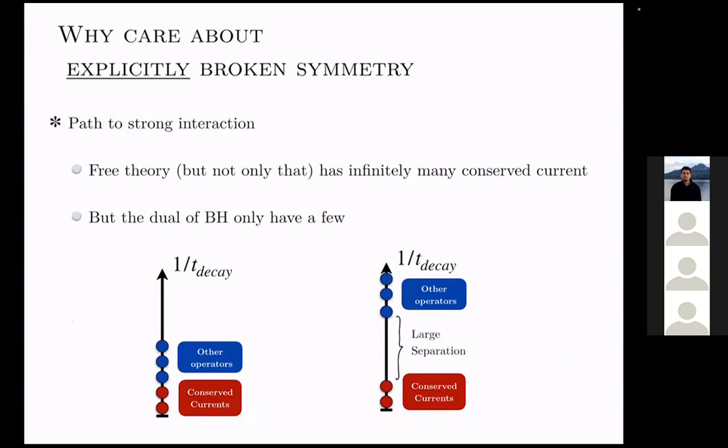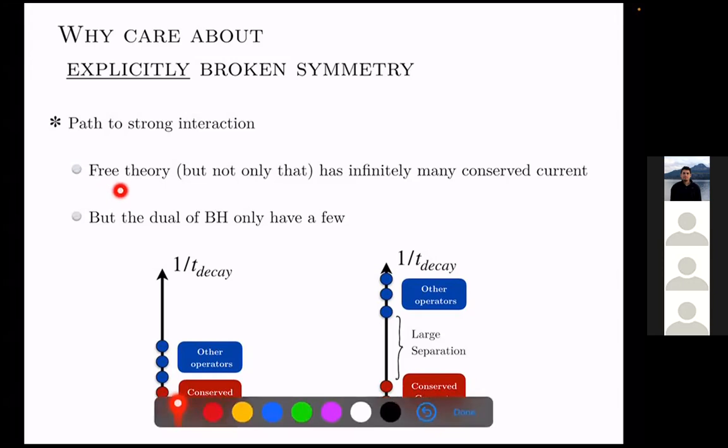There are a few reasons why you should think about explicitly broken global symmetry, even though in the classroom, at least in field theory classes, we focus more on spontaneously broken symmetry, which is arguably more interesting. But I think explicitly broken is also quite interesting in its own way. It's not really mentioned this way, but if you look at free theory, and not only free theory but also integrable theory and those kinds of things, it has infinitely many conserved currents.